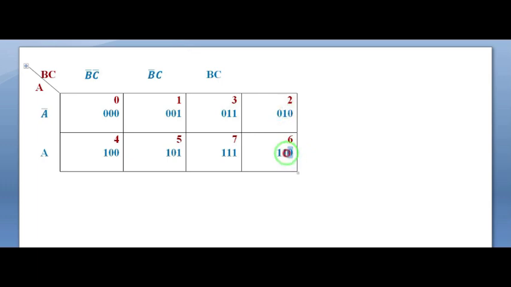Here 1 0, here also 1 0. So 1 0 means this is the value of b variable and this is the value of c variable. 0 means the complement of the variable. So here you have to write b c bar. Okay, just wait. So this is b c bar.